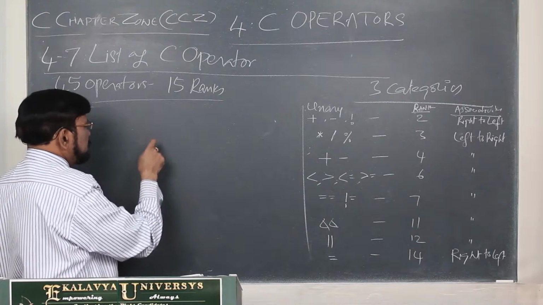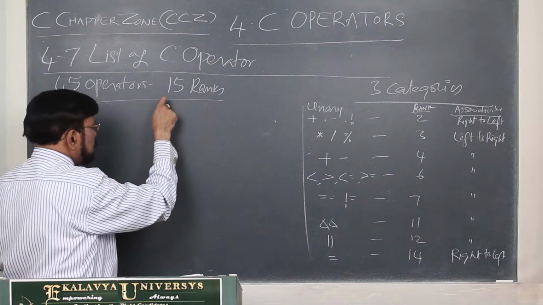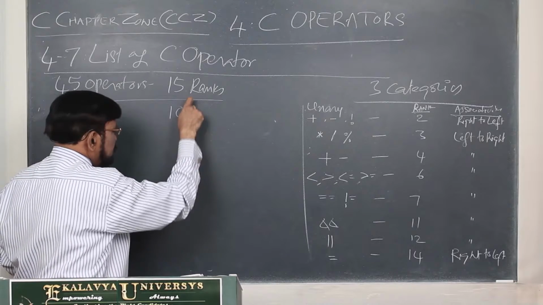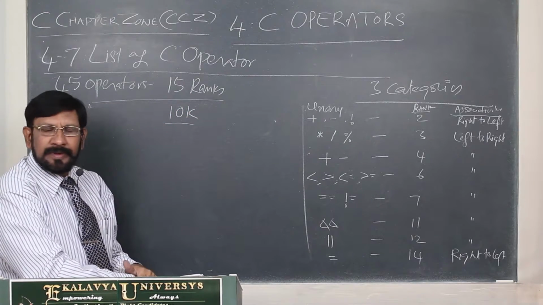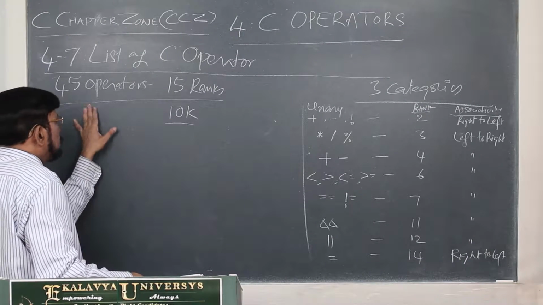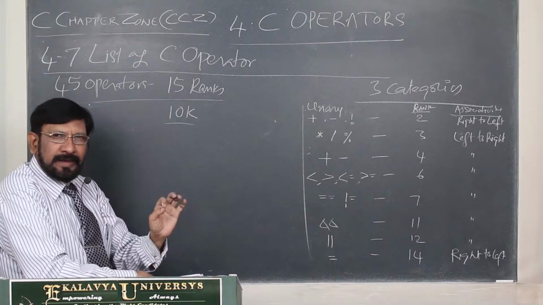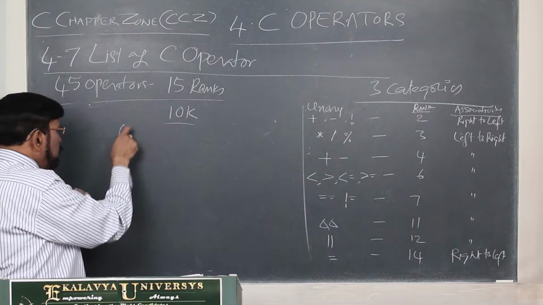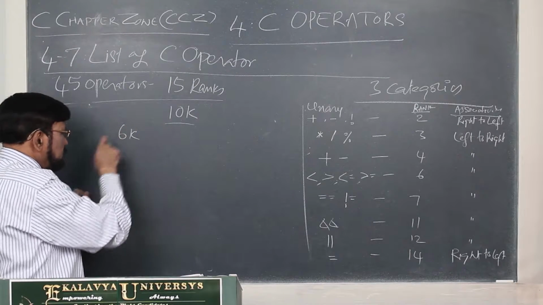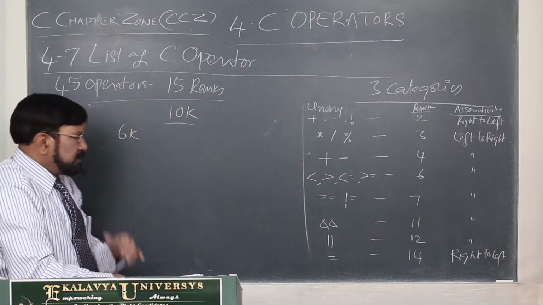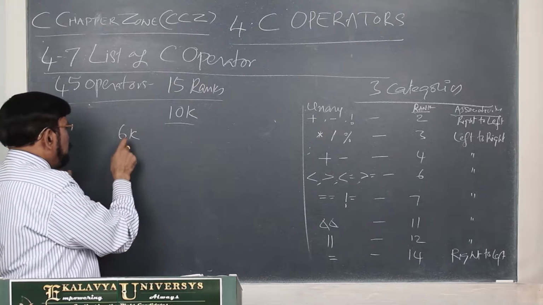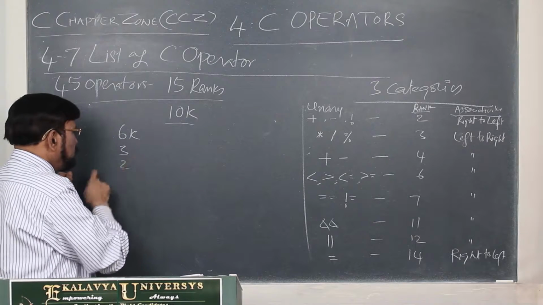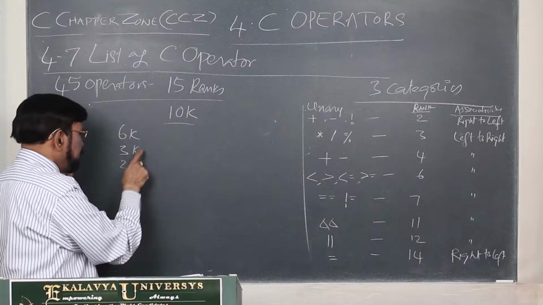You want to purchase a cell phone and its price is 10k. So you require 10k to purchase this phone. Now you have 6,000 rupees on hand. Then you can borrow 3,000 rupees from one friend and 2,000 rupees from another friend.